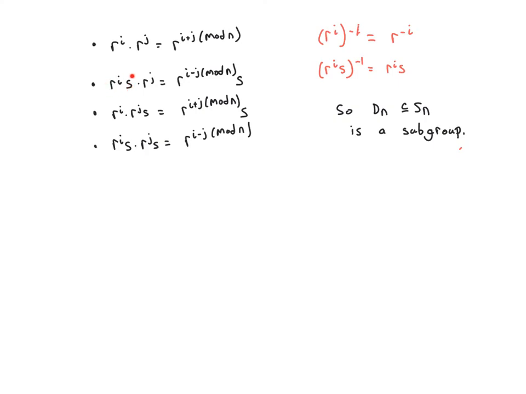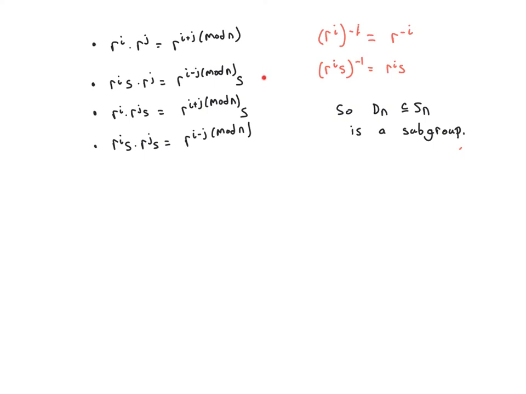If you multiply one of these reflections by a rotation, by properties of the reflections, you can replace r to the j with r to the negative j, and then apply this property, and you get this. Similarly, if I multiply a rotation by a reflection, I get a reflection. Finally, if I multiply 2 reflections together, you can check that I get a rotation.